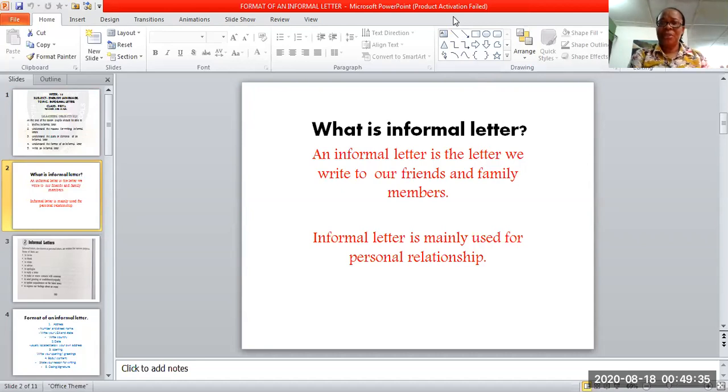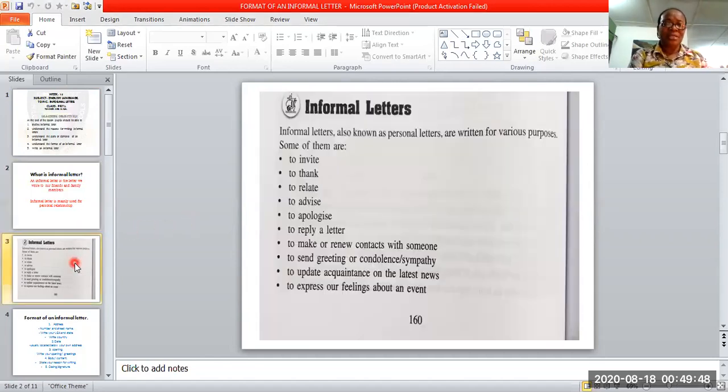Now we move on. Let's go on to see why we should write informal letters. Are we clear? Okay. The reasons for informal letters. Letters are pieces of information that we write to our loved ones, messages to our friends or our loved ones.